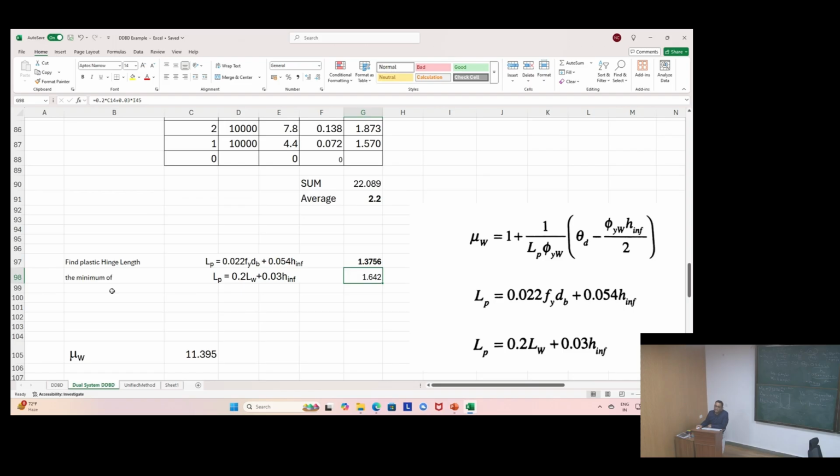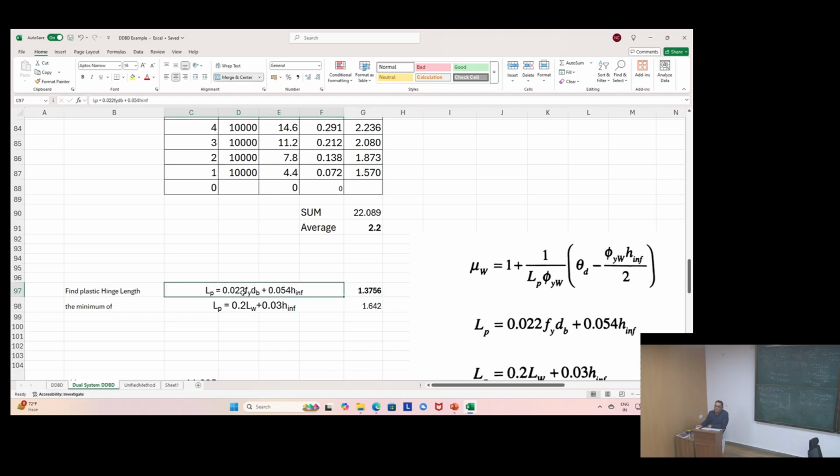Now have fun with plastic hinge length. So you have two equations for plastic hinge length given here. You have to use the minimum of the two. One includes some steel properties, the other one is more geometric in nature. Once you calculate the plastic hinge length from those two equations, you take the minimum of the two.